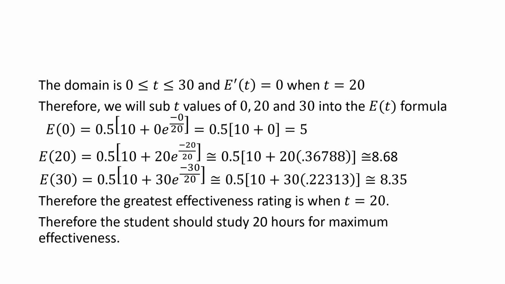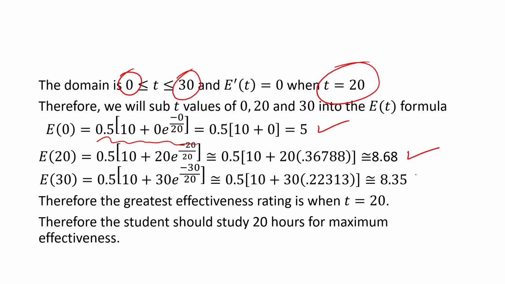So what we're going to do is plug in to the original effectiveness formula a t-value of 0, a t-value of 30, and a t-value of 20. So plugging into the original expression, letting t equal 0, we get an effectiveness level of 5. If we let t equal 20, we get an effectiveness level of approximately 8.68.